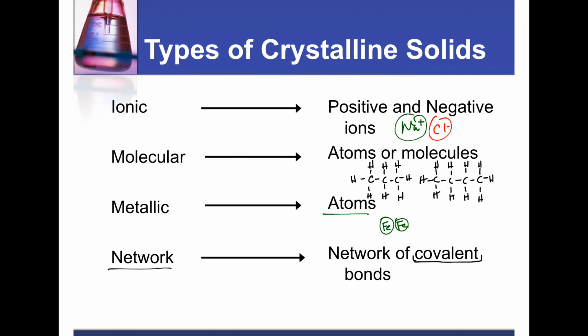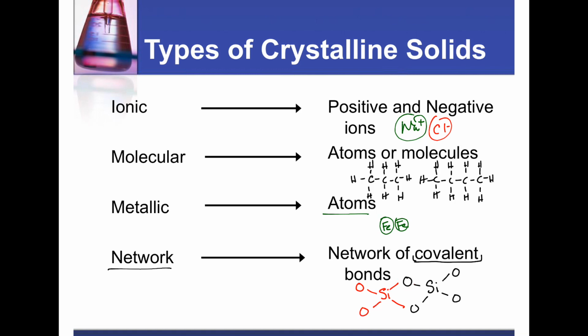So one of the compounds that we see that forms network covalent compounds or crystals very often is silicates. And silicates are silicon atoms that are bonded to oxygens. And so that is a covalent bond. That's a bond between two non-metal atoms. But what happens is that they stack up so that another silicon bonds to the same oxygens as that other one was.